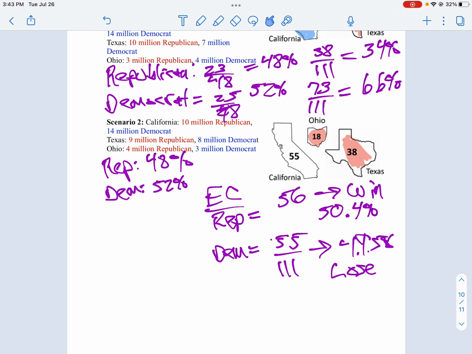So Ohio is a key one. Way back when, when George W. Bush ran against Gore, it all came down to Florida. The rest of the country was Republican and Democrat, but whoever won Florida won the entire election.